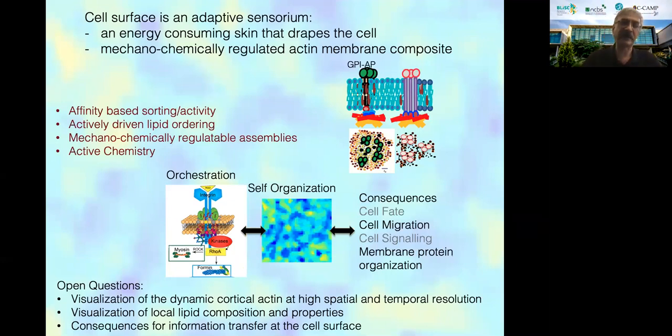Using the tools of microscopy and imaging, we've unearthed a completely new, distinct and exciting world of organization that is templated by active machinery, which we think is going to occupy us at least as long as I'm running a lab. But I think it'll probably last longer than that, because we're just beginning to understand the implications of what this means to receptor function and cell biology.